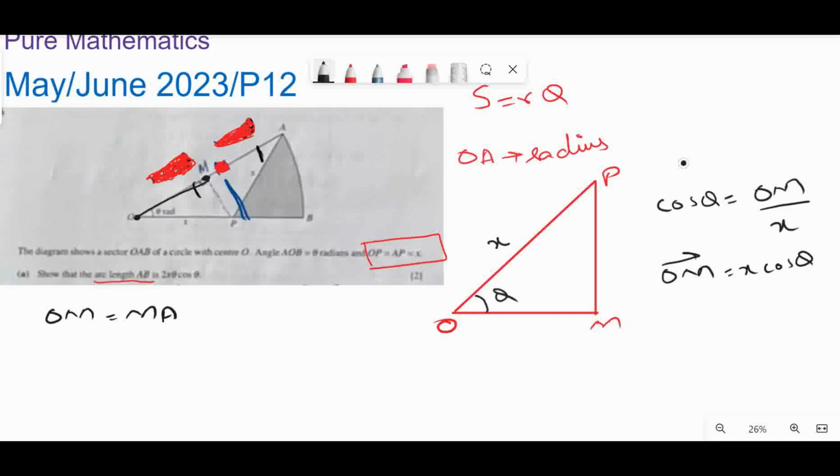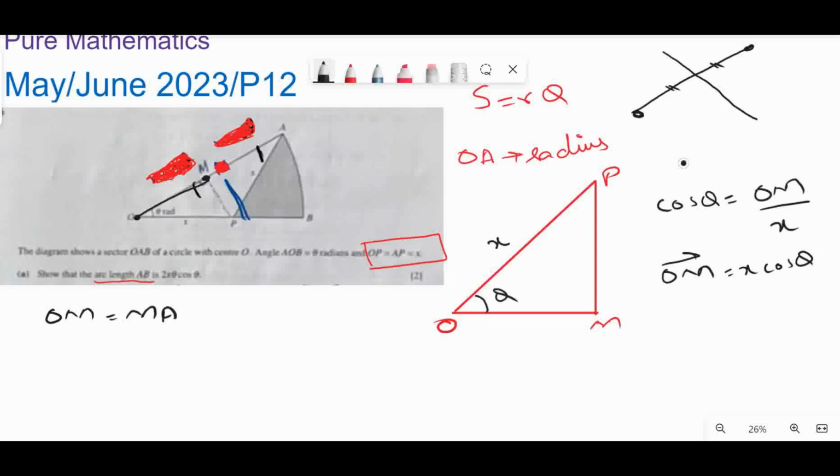The concept is quite simple: if you have a straight line and you draw a perpendicular bisector, it will divide the line into two equal parts. That is why we are using this concept to find the value of the radius. So OM is equal to MA.